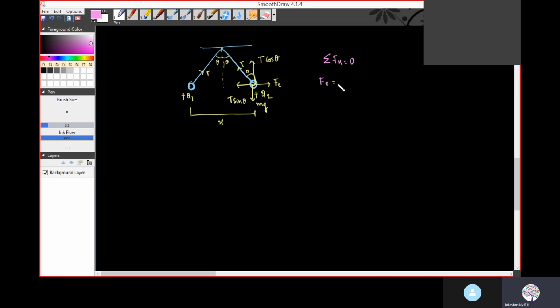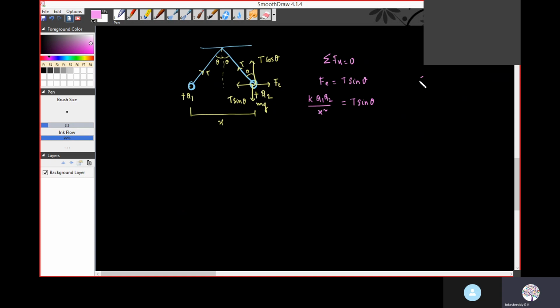That means Fe is equal to T sin theta. Fe is K q1 q2 by x square, which is equal to T sin theta.